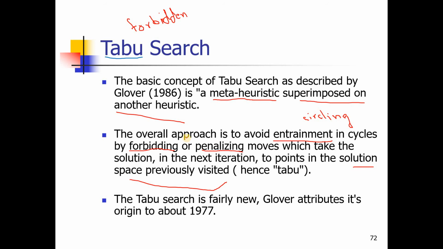Okay, so you don't allow your algorithm to go to states that have been previously visited. Always the algorithm should go and look at new states. So overall, the taboo search is not so old. Glover attributes its origin to around 1977. I don't think you need to memorize these dates.